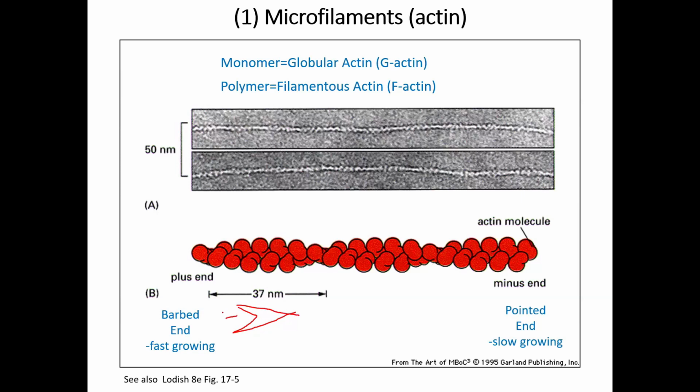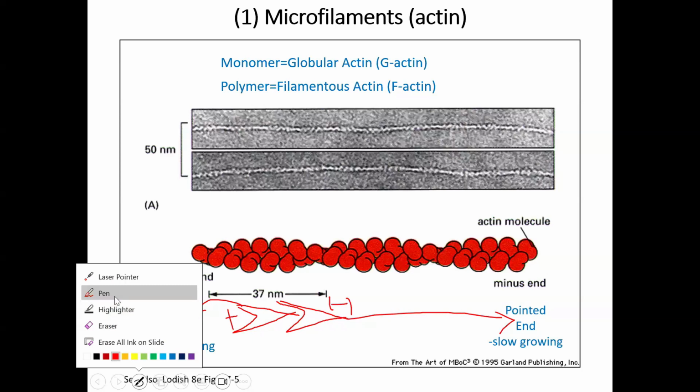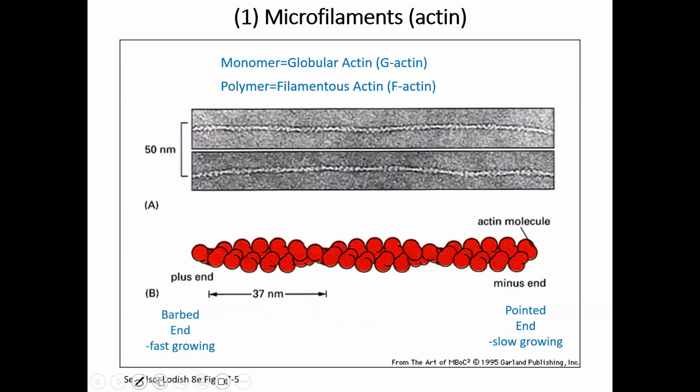So this is your plus end, and the next molecule is on this, and this is your pointed end. This is your minus end. So this is your barbed end, plus side, and the pointed end. We are going to see this in a second, and we are going to see how they are associated with other things essentially.